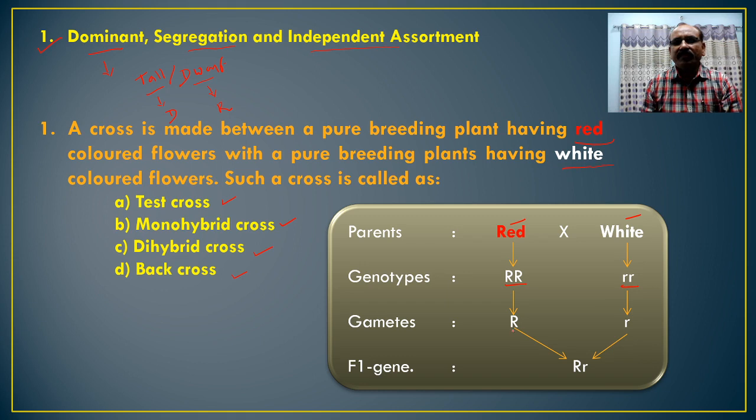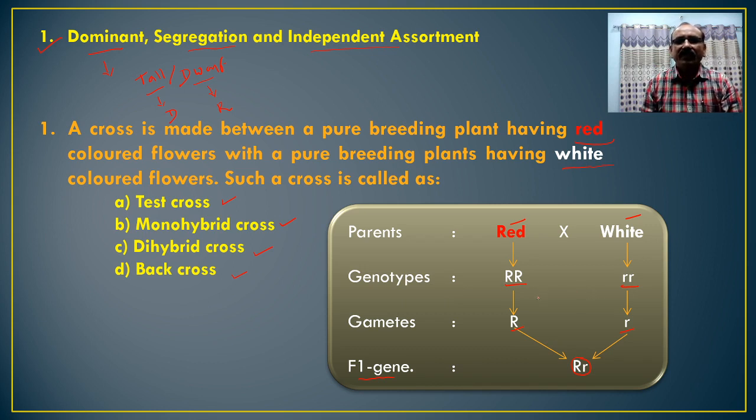The red flowered plant forms all the same type of gametes, capital R, and the white flowered plant forms all the same type of gametes, small r. So the F1 generation plants all become genotype capital R small r. This is the simple cross which is given in the problem.